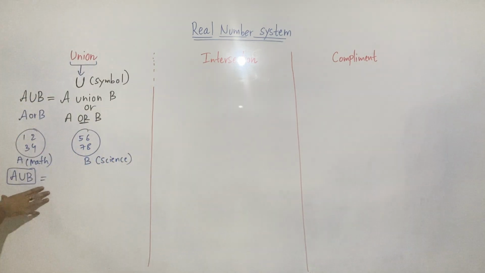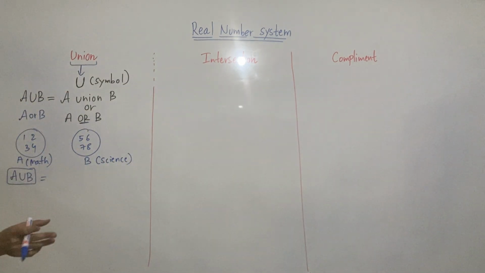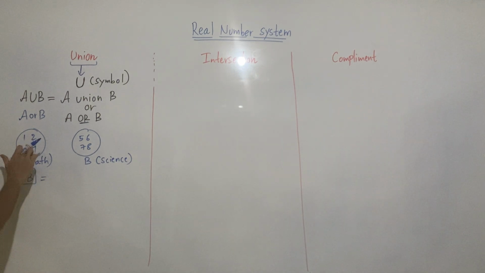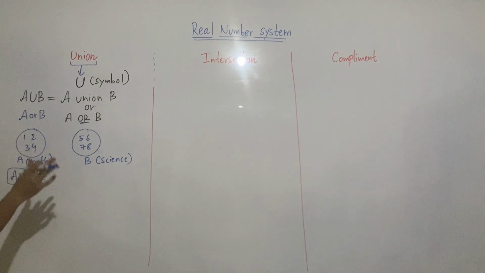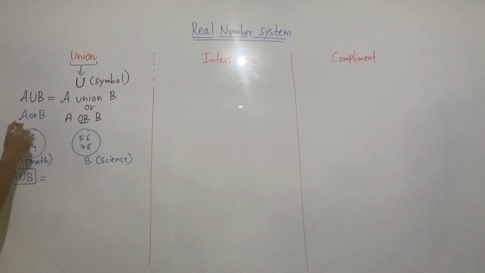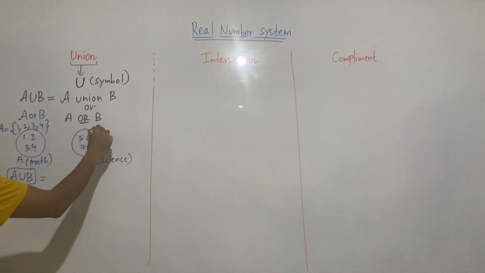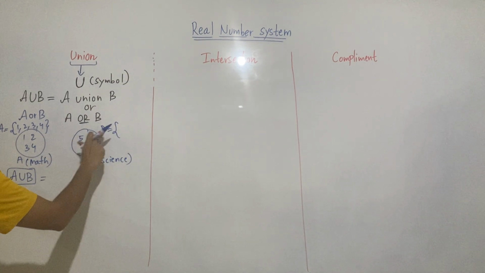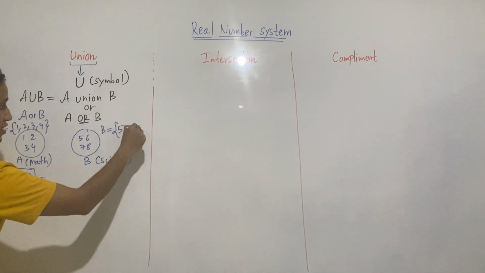Because we are doing it for math union science, first I have to take all the elements that are in set A, meaning all the student numbers who like math. This is set A, the set of student numbers who like math, so this is 1, 2, 3, 4. And this is set B, and the elements in it are 5, 6, 7, 8.